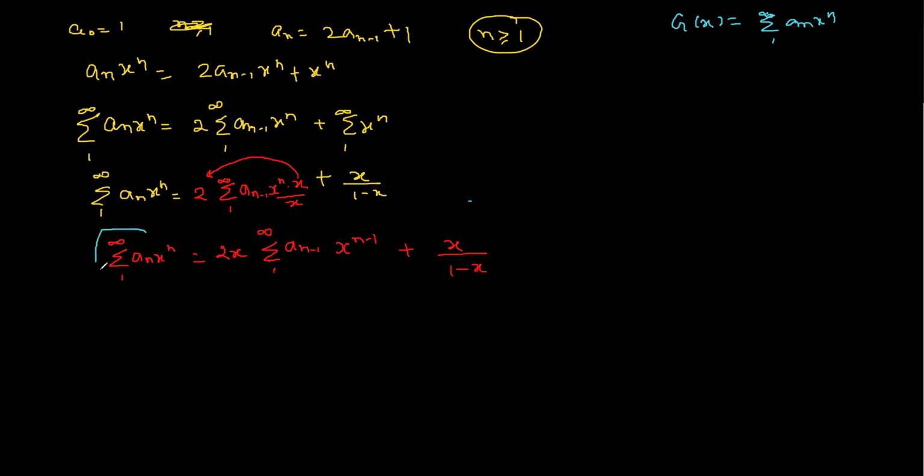Now see this. This is a_n x raised to n, right? When you put n is equal to 1, what will you get? 3.